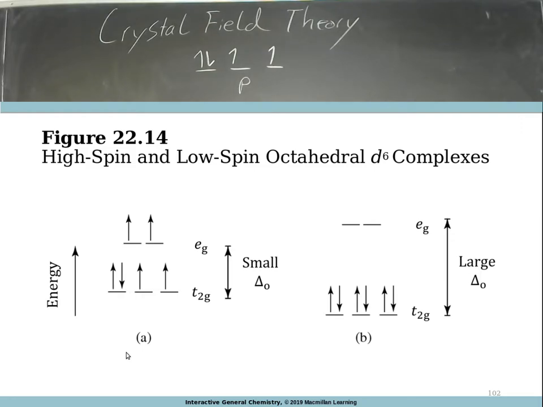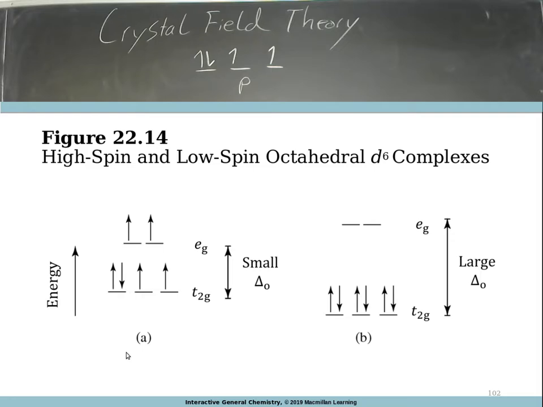So if you have a small crystal field splitting energy, then it's actually less of an energetic cost to put an electron in the eg, in that higher energy level, than it is to pair any electrons. So if you have 6 electrons in a compound with a small crystal field splitting, then you will spread out all 5 electrons in each of the d orbitals before you then pair one up down in the t2g energy level.